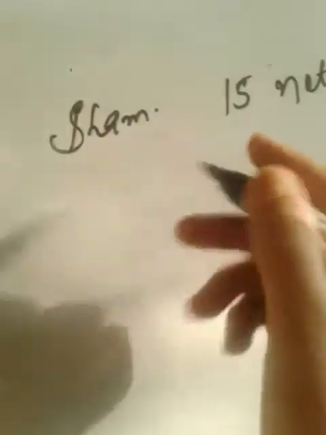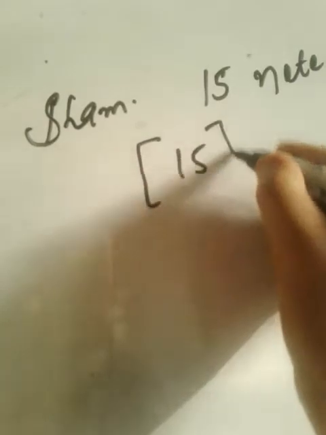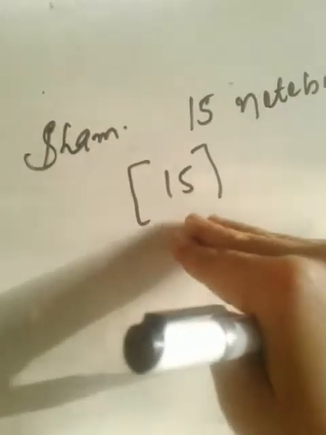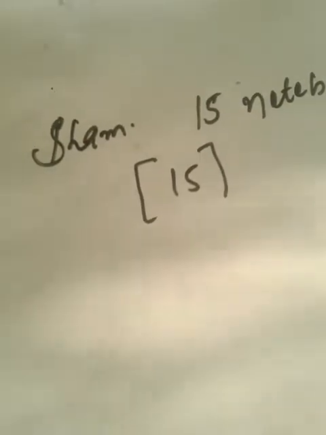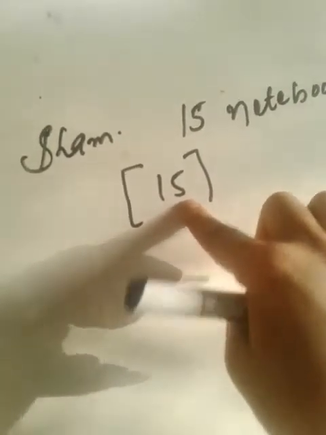Suppose Sham has 15 notebooks. For our convenience, we keep this information, 15, in brackets. But here we have to keep in mind that this 15 represents notebooks.